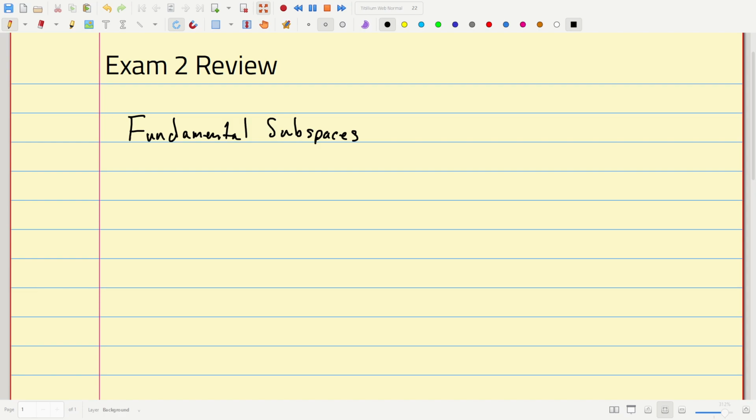For part C on that problem, what you need to do is find the matrix whose column space is S complement.